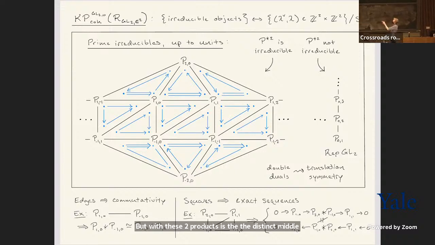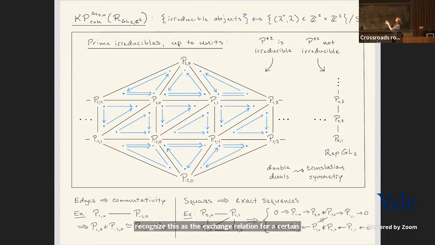So in particular, if I look at the Grothendieck group, so I look at the class of these in K0, both of those products have the same class, even though they're not isomorphic. Those of you familiar with cluster theory will recognize the relation implied in the Grothendieck group of this category as the exchange relation for a certain cluster algebra.